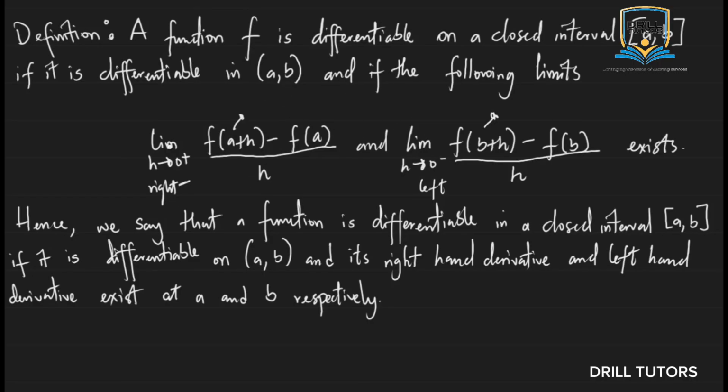And what are the limits? This particular limit, now, this is limit as h is tending to 0 plus. It means that at this particular point, a is here, you have an open interval, and b is here like this. This is an interval. Now, anything you have in this interval is approaching a from the right.